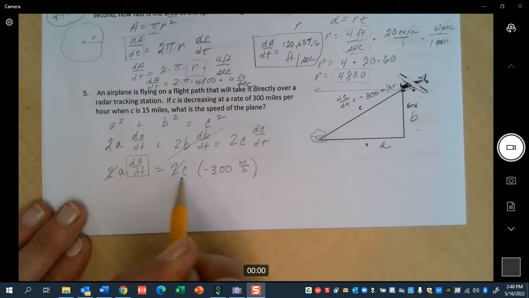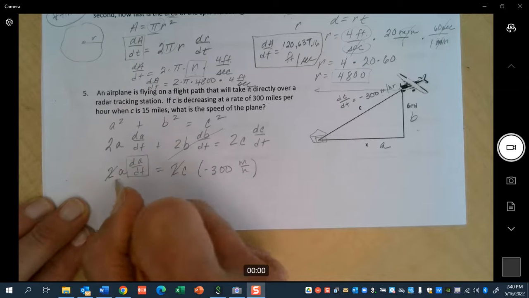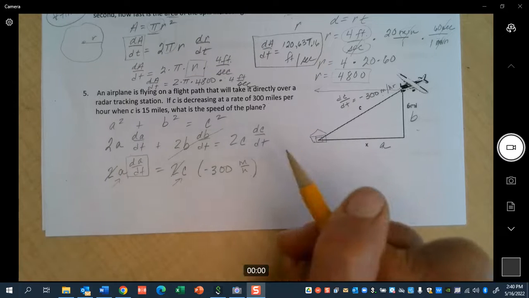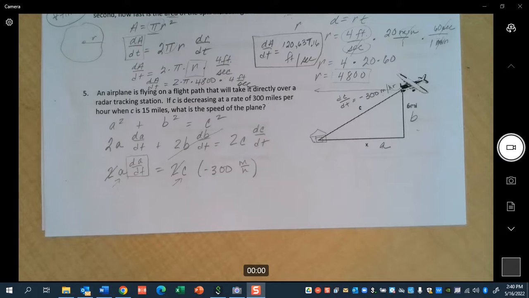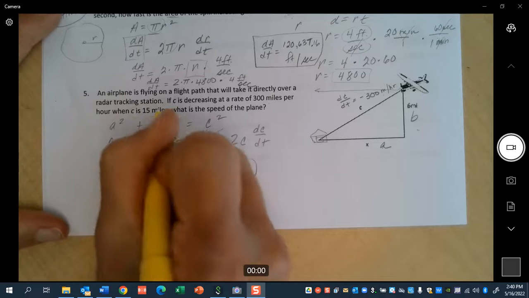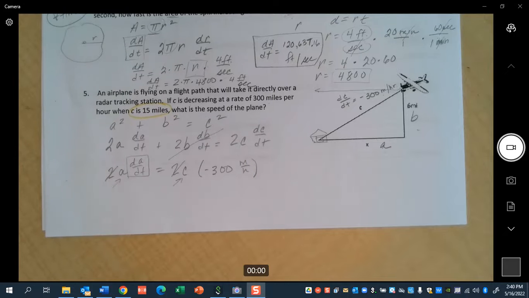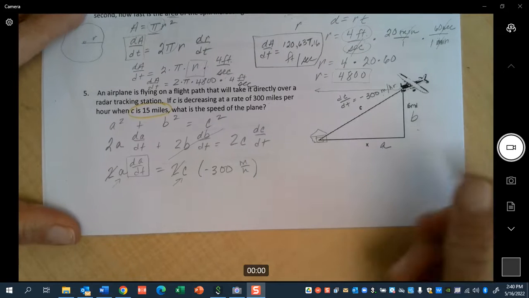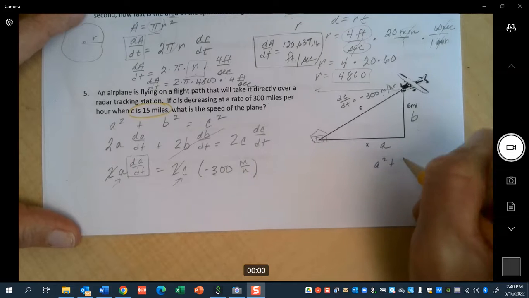So that's what I need. Somehow I have to figure out these values here. If I'm solving for the speed of the plane, I can only solve things with one unknown. So I go back up to where they gave me a value for C: C is equal to 15 miles. Let's come back over here and do a little bit more Pythagoras.